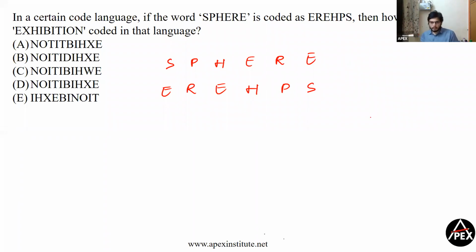So I got my answers. What is the logic here? The word is written in reverse order. So if you observe, SPHERE, sphere is written in reverse. So the same logic we can apply to exhibition also. So I can directly eliminate option E.